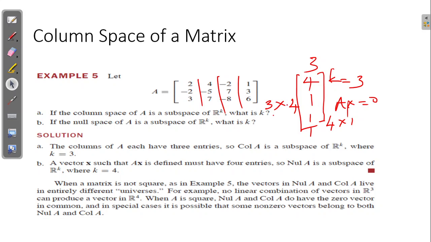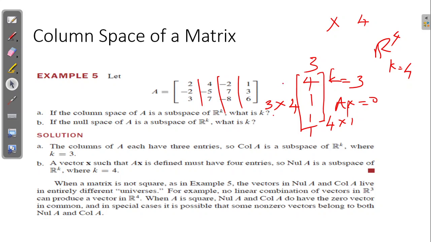So the set of all x will have four entries. Given that it's a subspace, it must be a subspace of R4. So K is equal to 4.